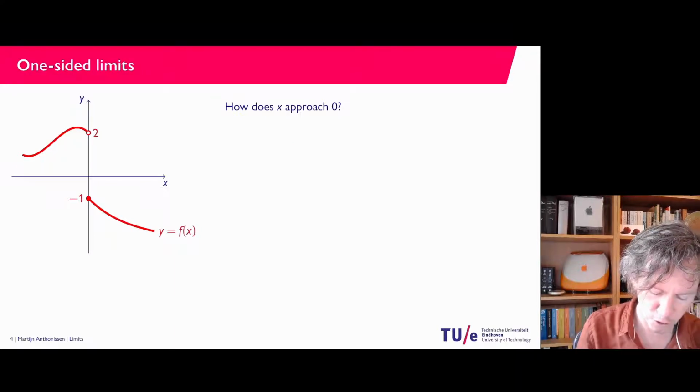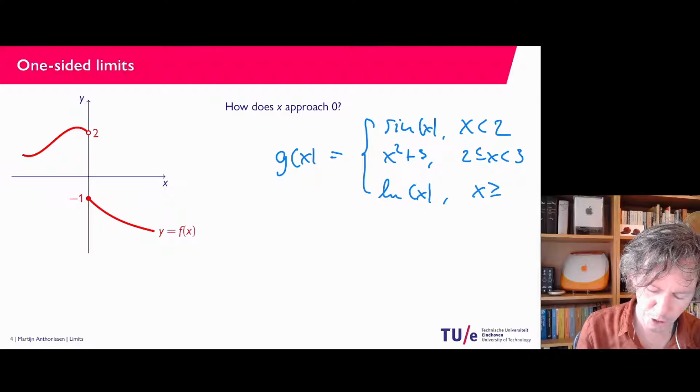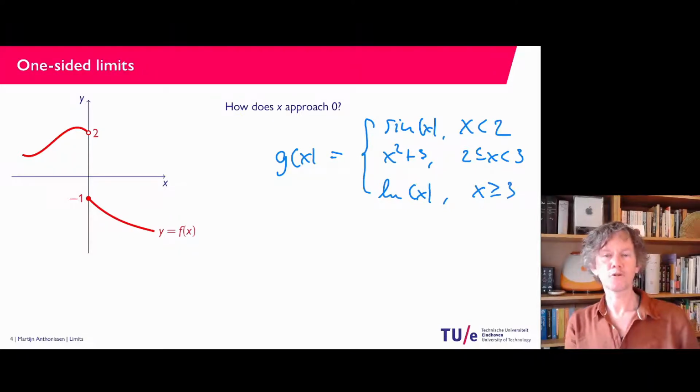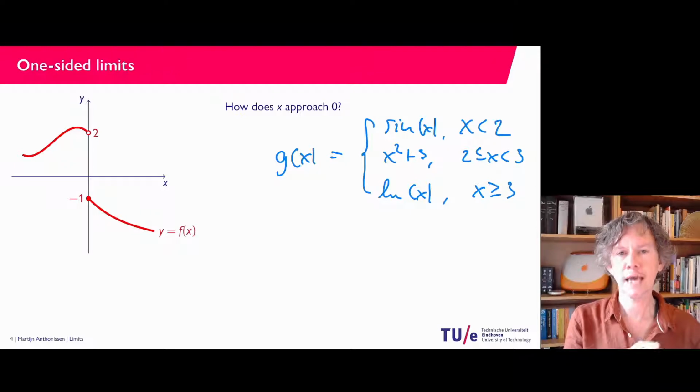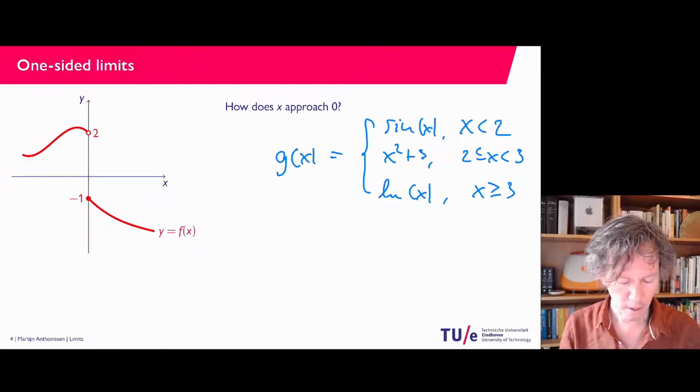I'm going to define a function, and let's call that g because we do something differently. And if I say, well, I want it to be sine of x for x less than 2, I want it to be x squared plus 3 for 2 less or equal x less than 3, and I want it to be, let's say, ln x, the logarithm, for x bigger or equal 3. This is one function, and that's perfectly all right. So you can do it like that.